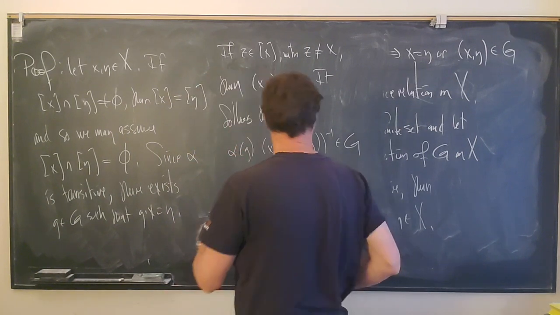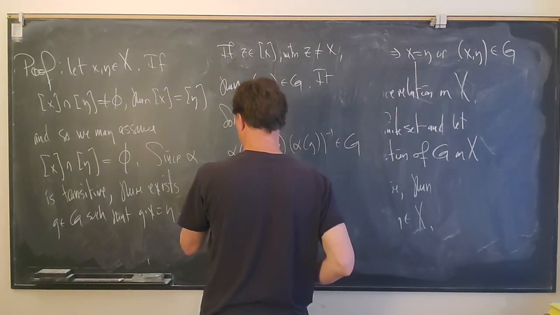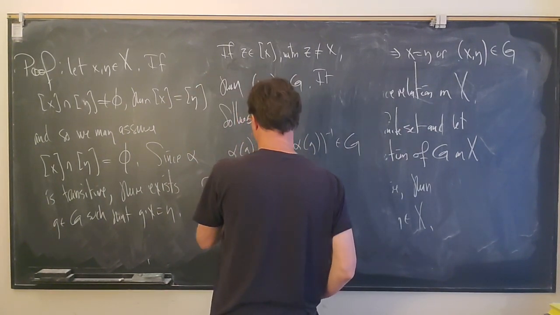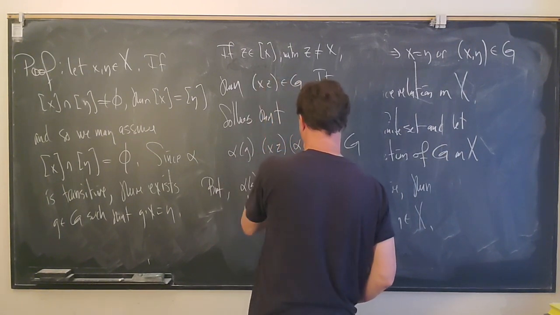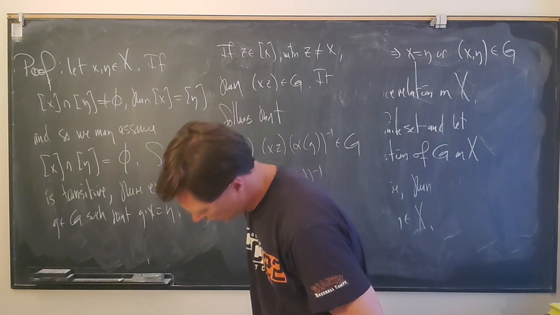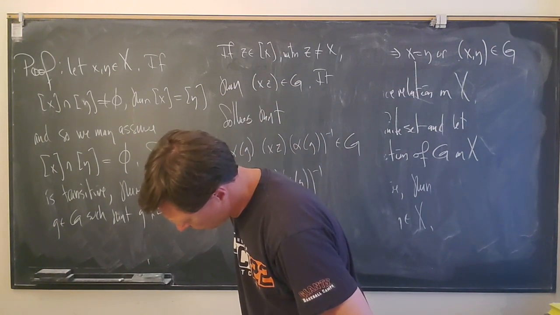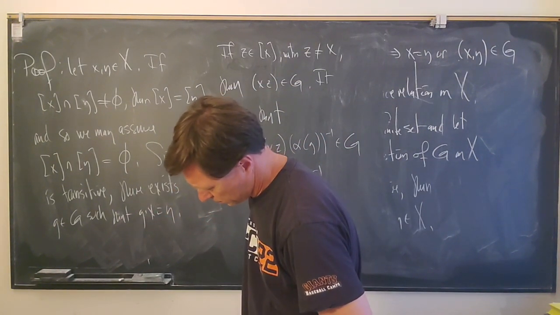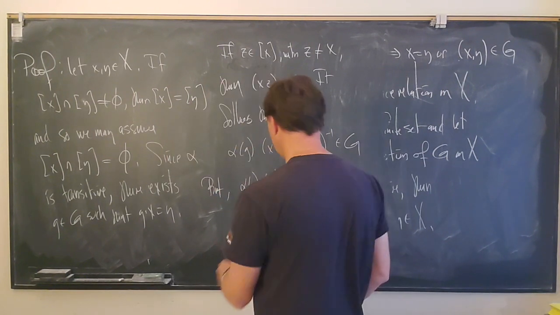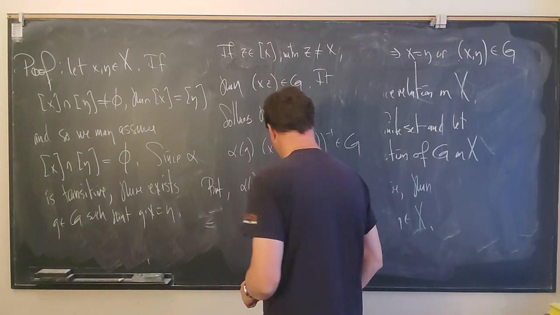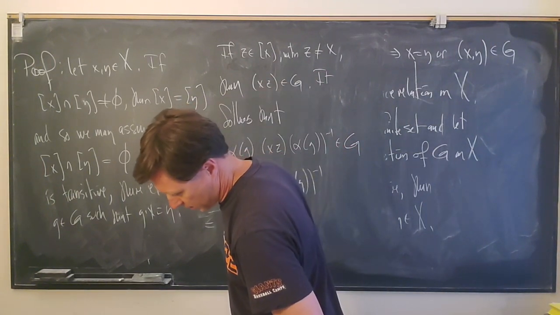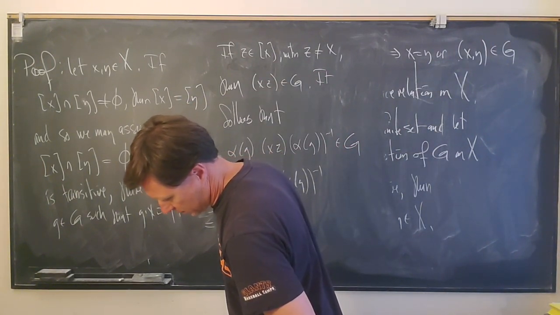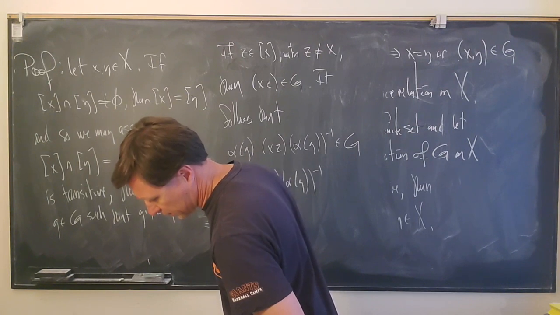Okay, but alpha of g xz alpha of g inverse is equal to... I want to actually write this out. So what would this look like? It's going to be equal to the cycle. So let me do this in steps here.